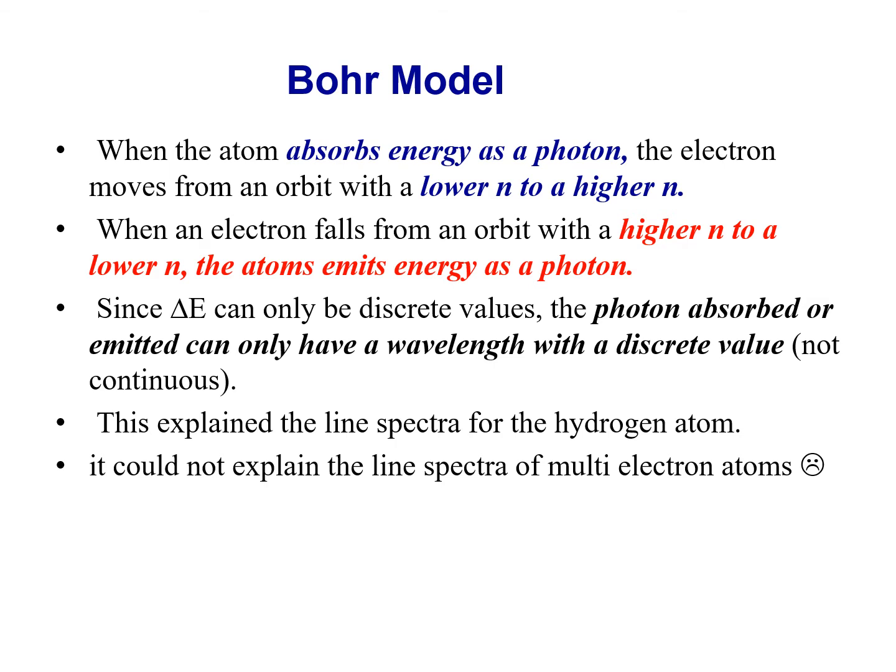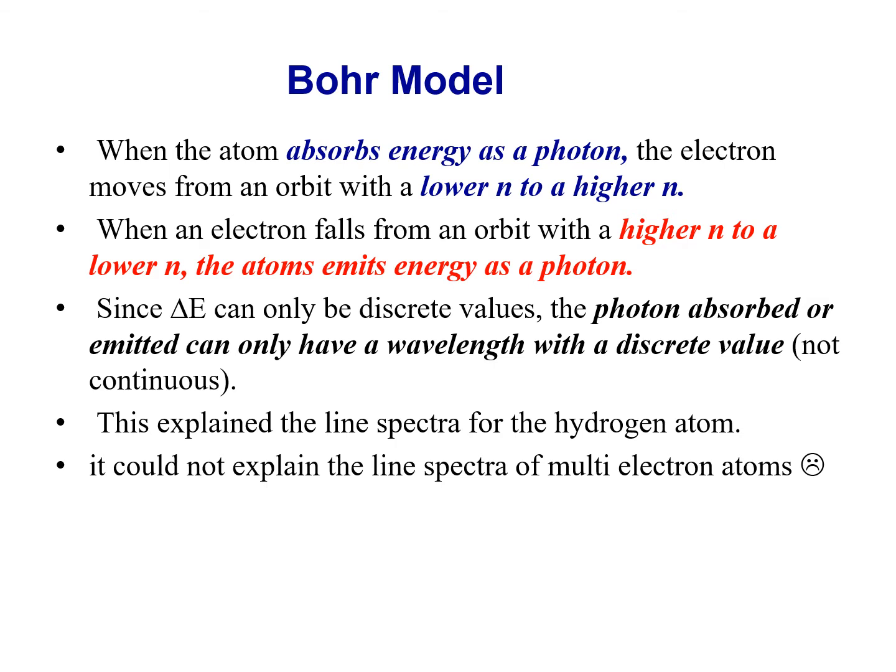He came up with exactly the same equation, and think about why this is true. So what was achieved is it explained the line spectra. It really confirmed and explained the line spectra for the hydrogen atom in mathematical terms.